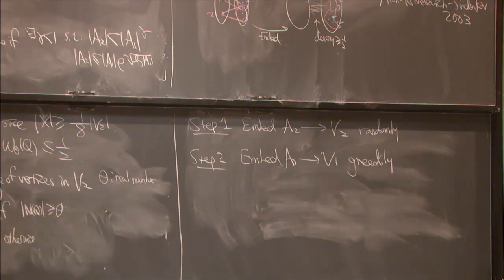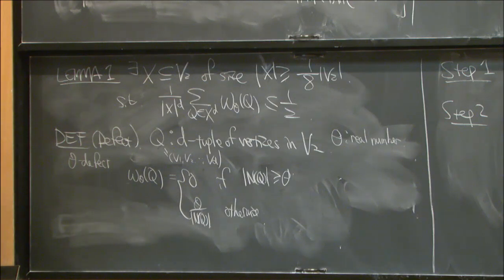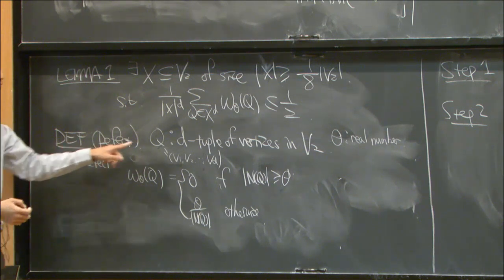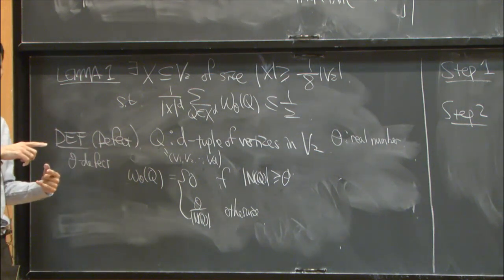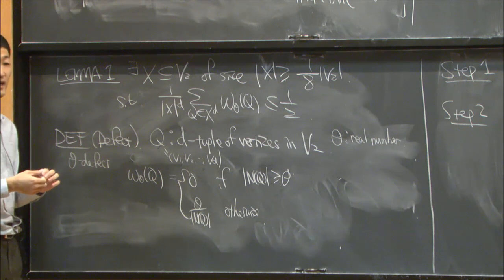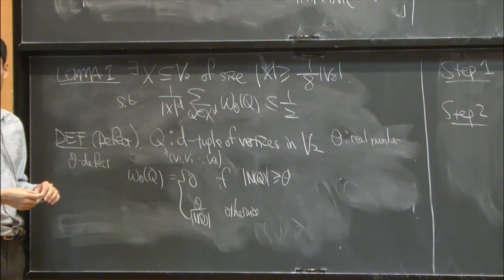So in that case, I say it has no defect, it's a perfect d-tuple. Otherwise, if they don't have enough common neighbors, as much as I want them to, then according to how much less they have, I give defect proportional to the inverse of the number of common neighbors. So in particular, if I have a d-tuple with 0 common neighbors, then it has infinite defect, meaning I probably don't want to use it.